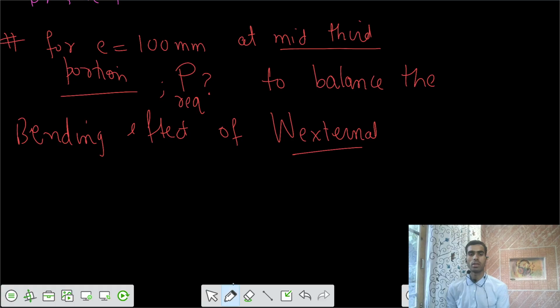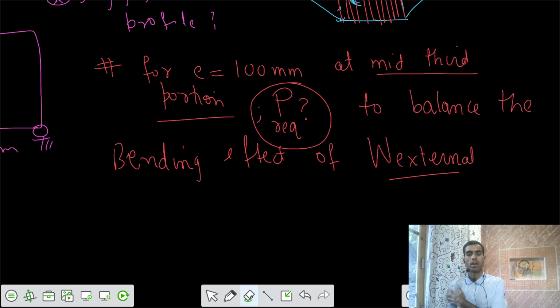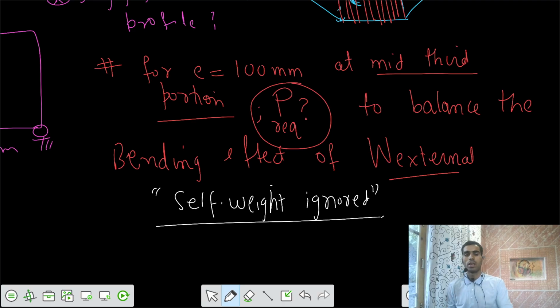What should be the value of P such that it can balance the external loads? And you have to neglect the self weight. We are applying only point loads, and let's forget the self weight. Self weight is ignored.